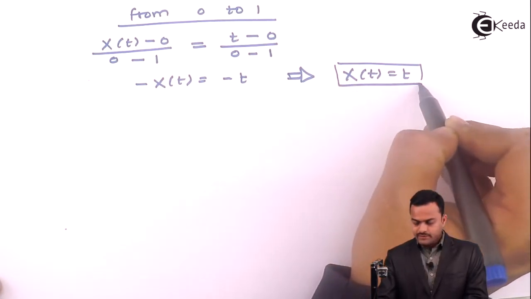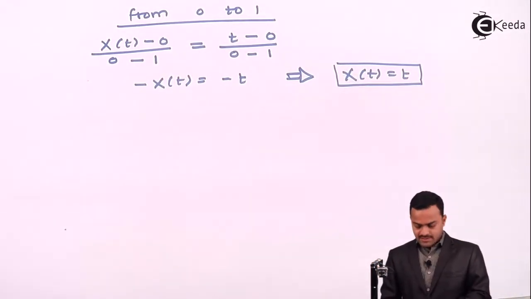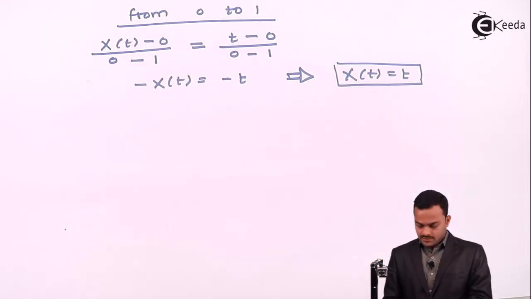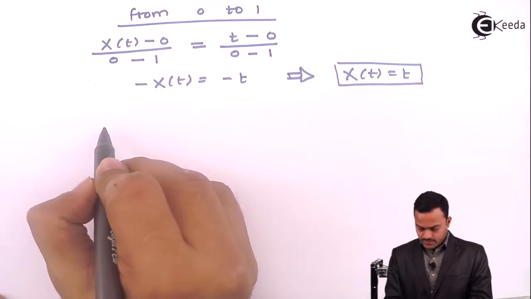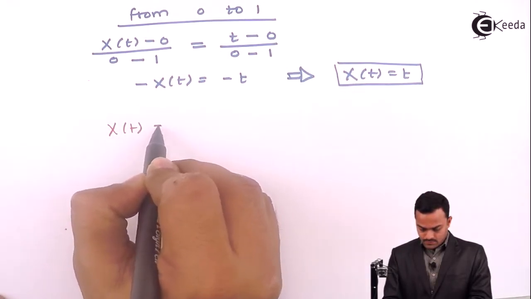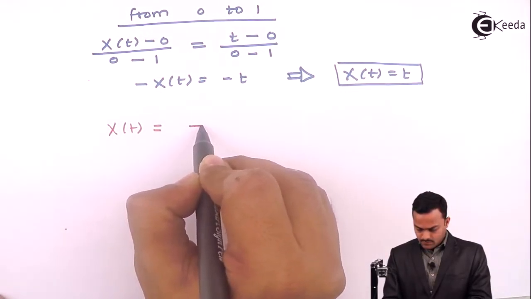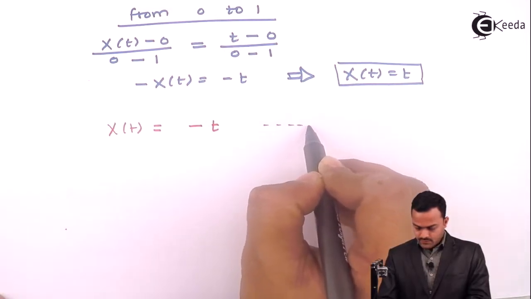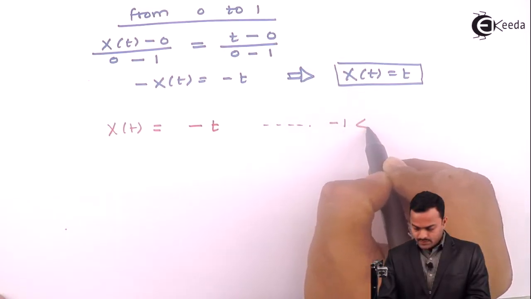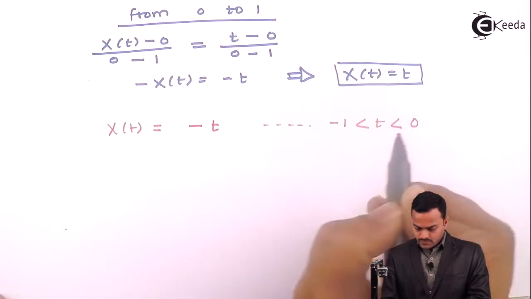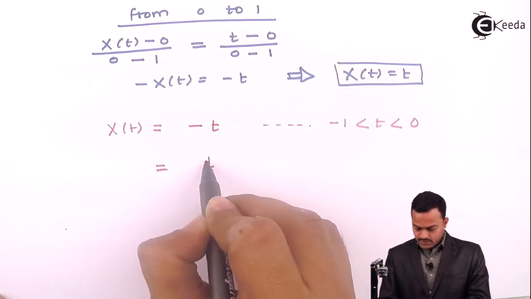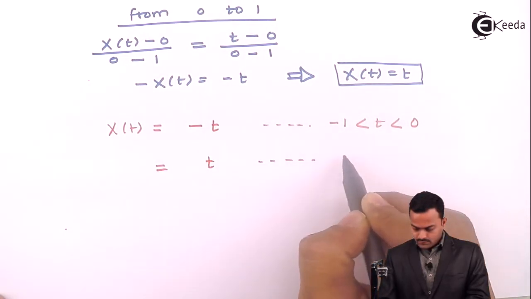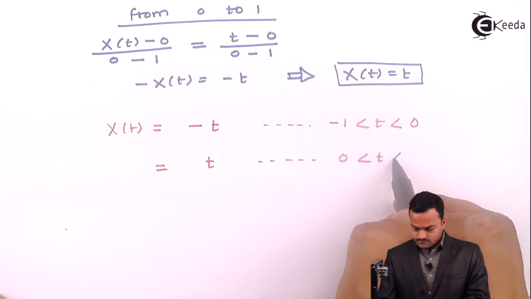So now I am getting very simple equations. Let's club these two equations together and we'll get a complete x of t: minus t for the interval minus 1 to 0, and t for the interval 0 to 1.